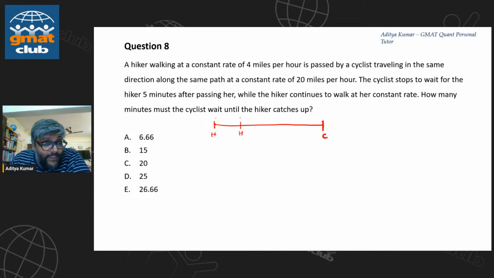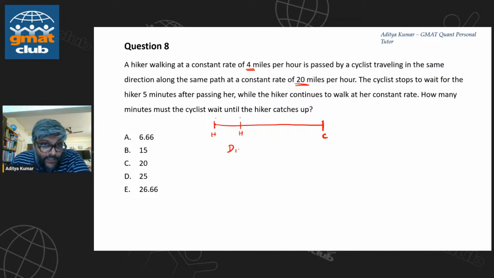So, first thing I can do is, since I know the individual speeds at which both the hiker and the cyclist are traveling, I can find out the total distances that they have traveled in those 5 minutes, right? This is the easiest process to work.